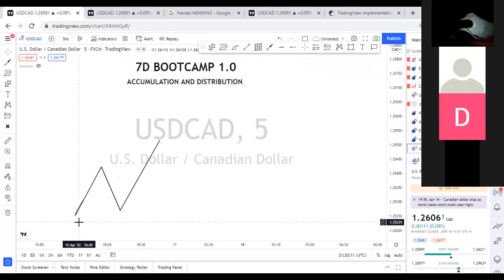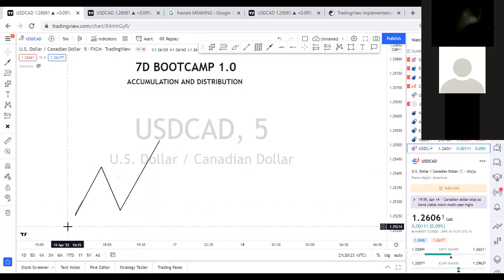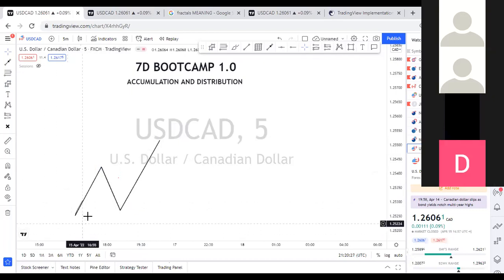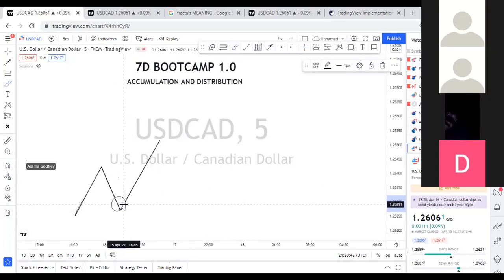So let's say they bought 80K contracts, okay, and then they sold with, let's say, 40K. When price got here, they bought with another 100K.